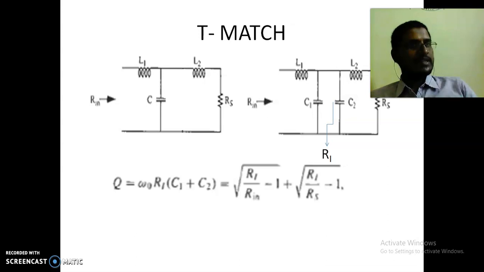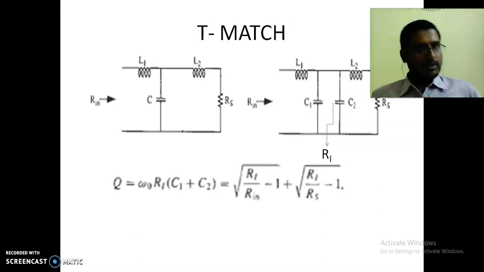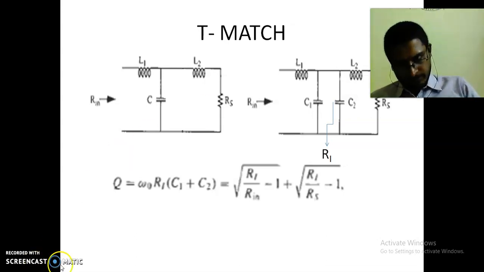There is an impedance transformation relationship, and by using that relationship we transform RS and L2 into parallel. At resonance there is a formula for this RS when it is transformed to parallel, which I will explain.